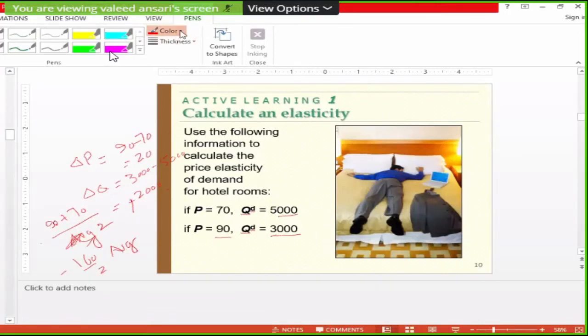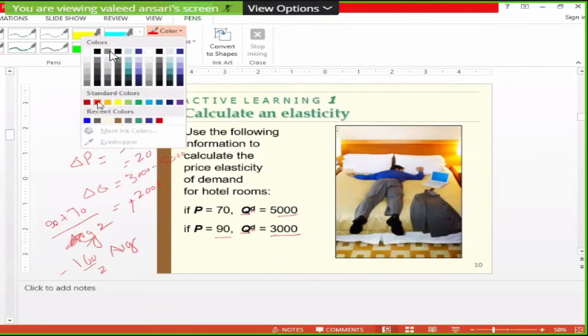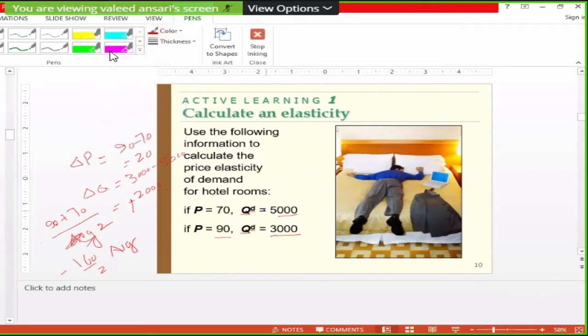The same way we can calculate the quantity. So 5000 plus 3000 is 8000, divided by 2, the average quantity will be 4000.